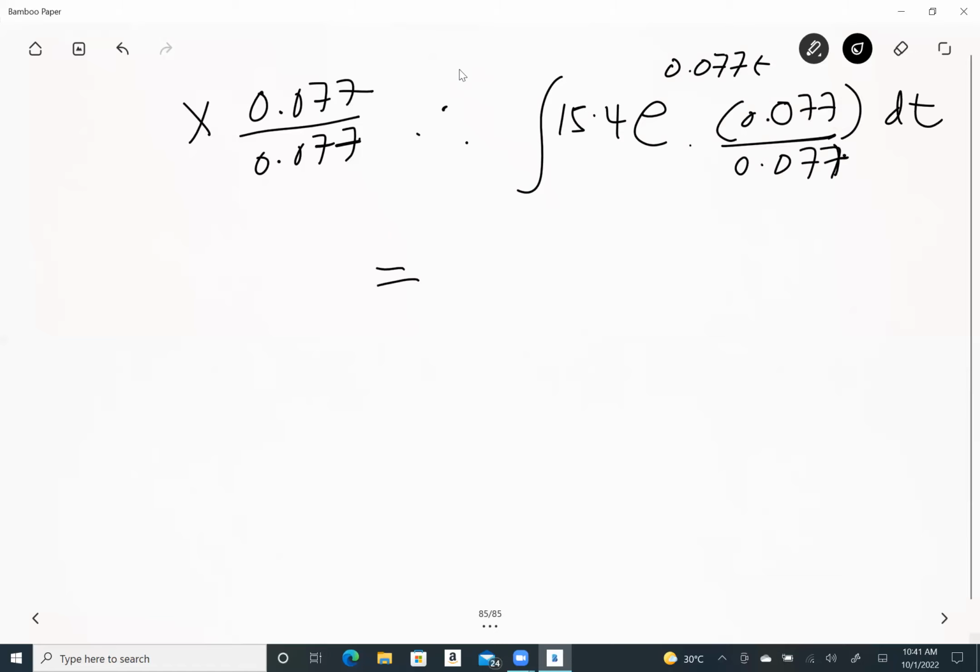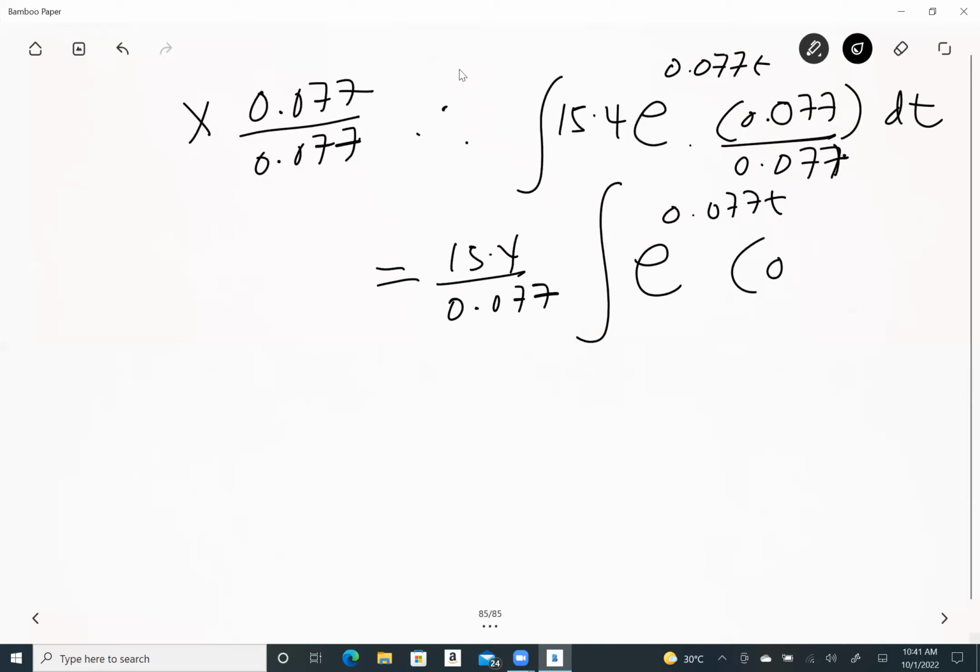After that, you bring the numerator out with the 15.4. So 15.4, you divide by 0.077, because we don't need that. So what I have now, 0.077 t multiplied by 0.077, which is u prime dt. So that is our function. I have e^u, u prime. This is e^u, that's u prime.